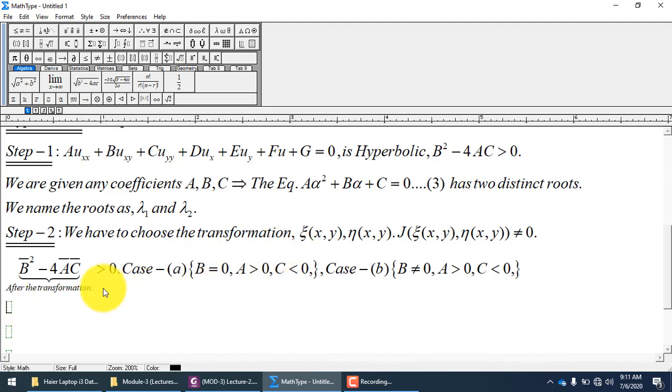Indeed you see that in order to select the three quantities A bar, B bar and C bar such that the discriminant is not negative or equal to 0, but positive, you have many choices.